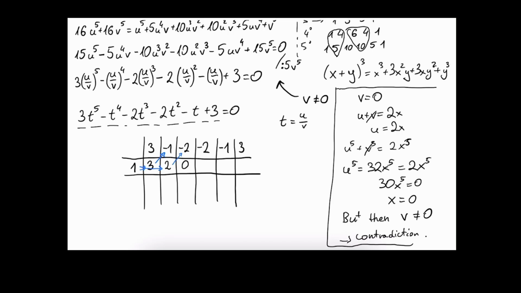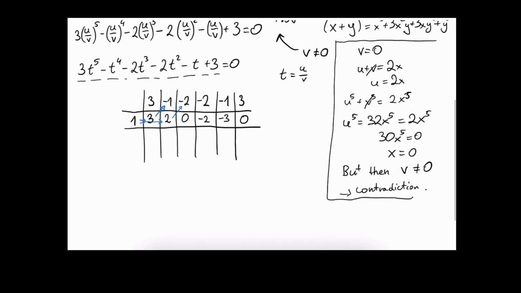Then 1 times 0 minus 2 equals minus 2. 1 times minus 2 minus 1 equals minus 3. And we get a solution if and only if in the last cell here we get a 0, which we get.